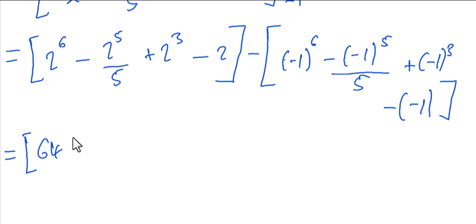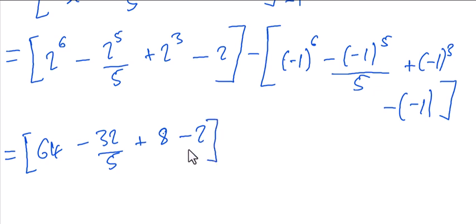Then 2 to the power 5 over 5 is 32 over 5. Then 2 to the power 3 is just going to be 8, minus 2.